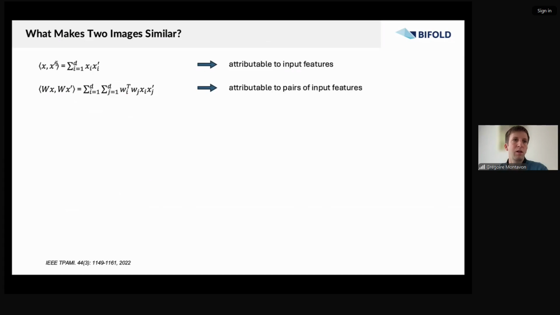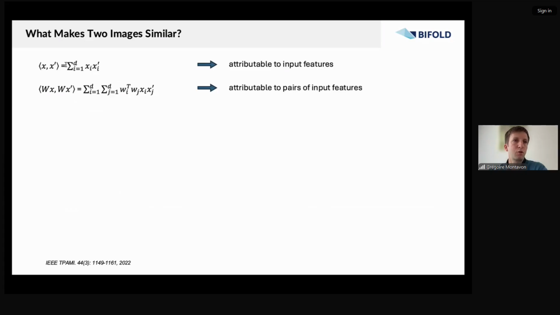So we say, okay, well, let's just imagine that x is the representation of the data. So just the data, the pixels, for example. And we ask, okay, now we are making a dot product between two images, and we are trying to understand what makes these two images, x and x prime, similar.